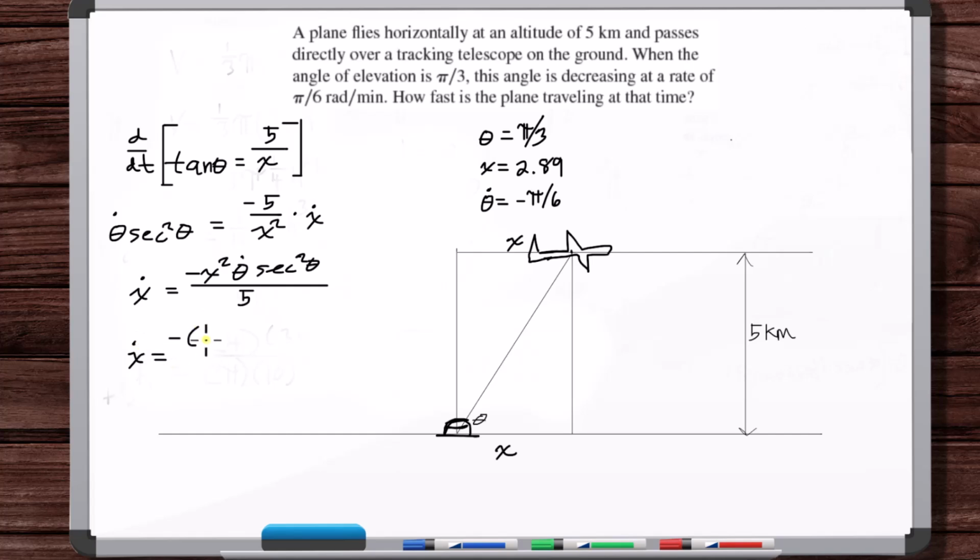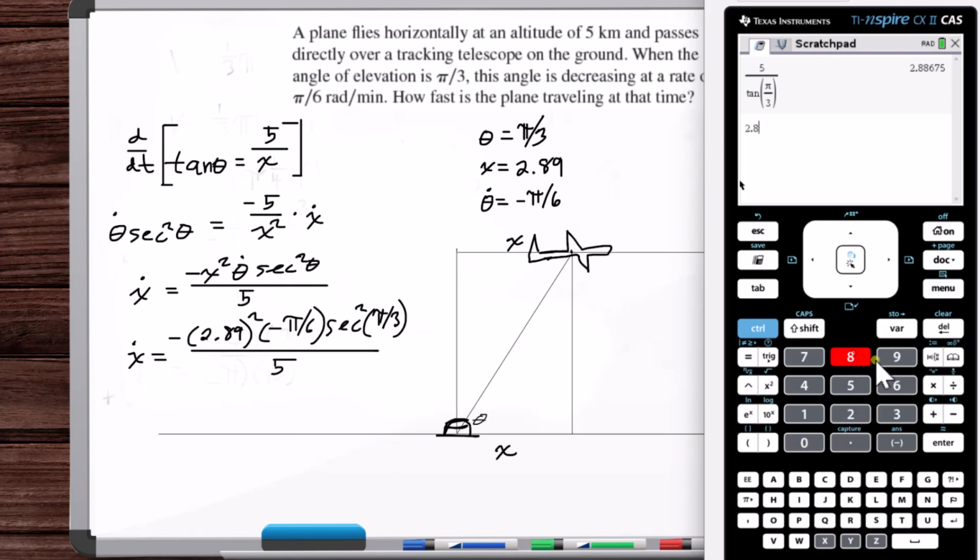And so boom, we can get the speed. So minus, and then so 3.5.